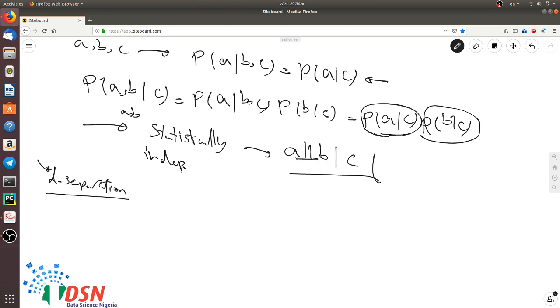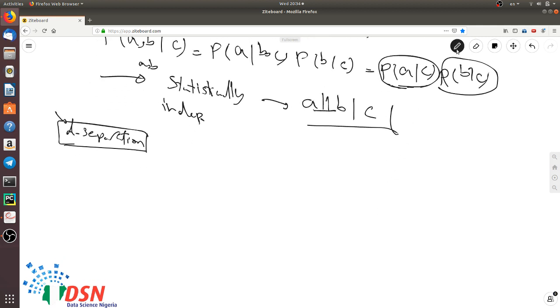D means directed graph, and we will see that later. Before we go to d-separation, let's go through three examples.